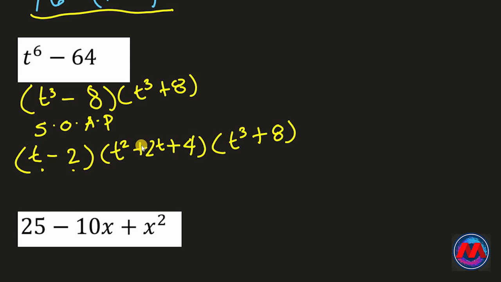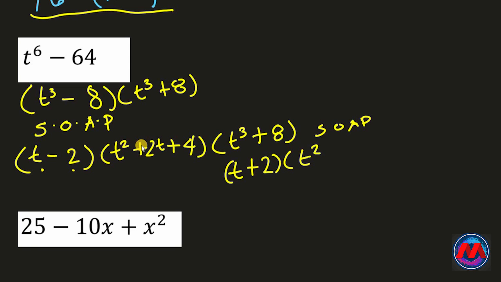Kung mapapansin ulit natin, t cube plus 8 is sum of 2 cubes. So, pwede pa natin tong ma-factor. So, factoring this, again, using the SOAP method, that would be equal to t, the same, dapat same, so that's positive 2.